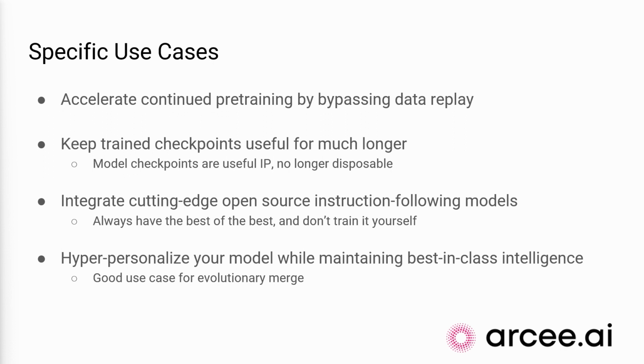Another great property of model merging is that it makes the models that you train useful for a lot longer. It turns them from these instantly depreciating assets into something that you can sort of carry forward with you. So we spend all of this time and all these resources and all of this effort producing models fine-tuned for our use cases. And the inevitable thing that happens is a week after you finish training your model, someone on the internet posts something that blows yours out of the water.